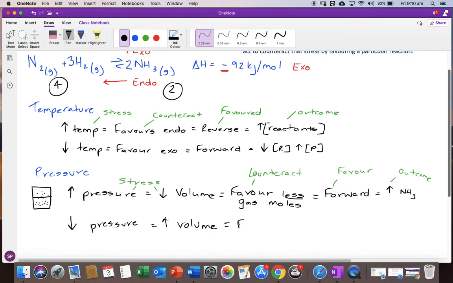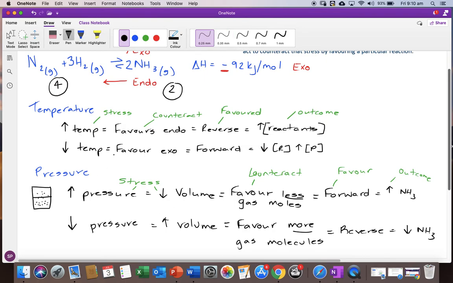What we want to do when we decrease pressure is favour more gas molecules so that we can increase the pressure again. In this reaction, that means that we're going to favour the reverse, which means that we're going to get a decrease in ammonia.